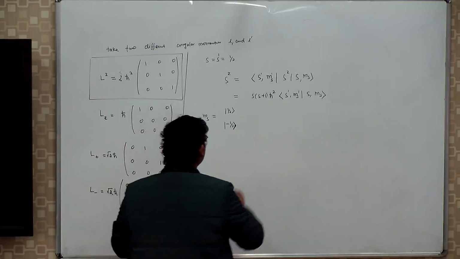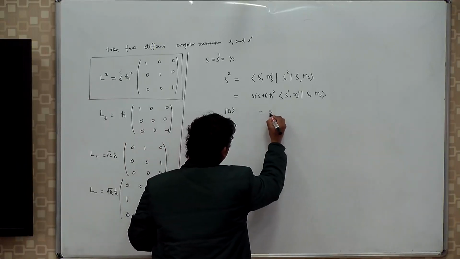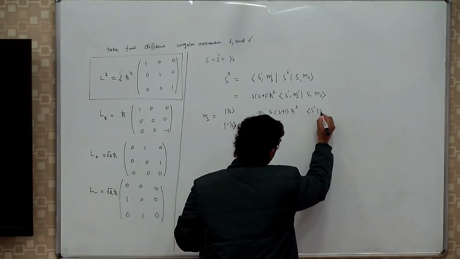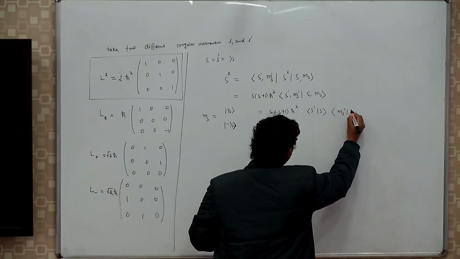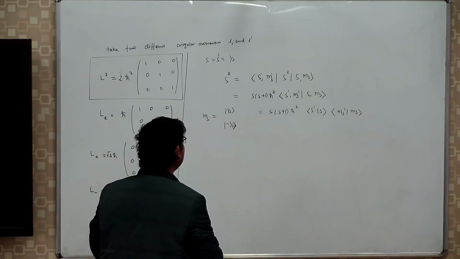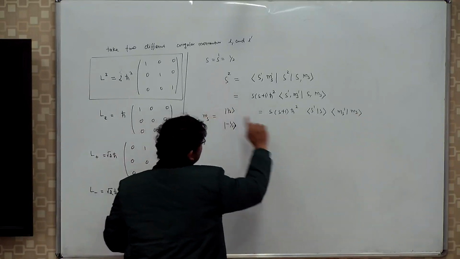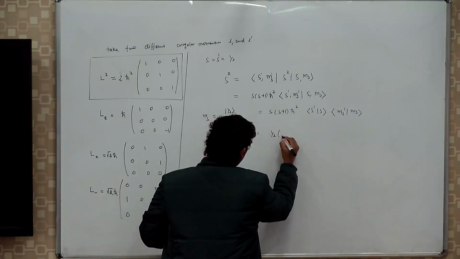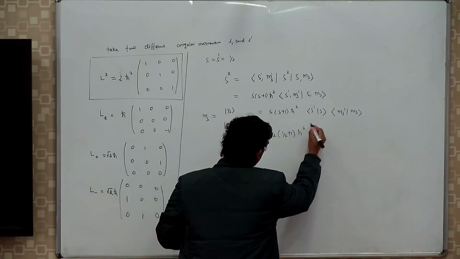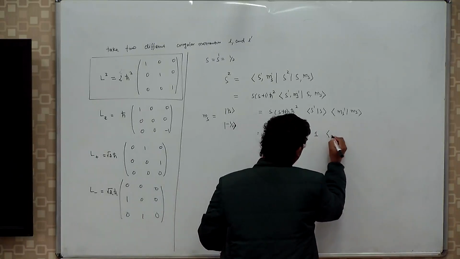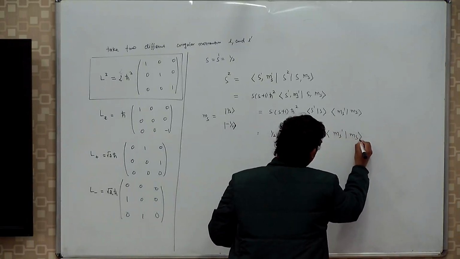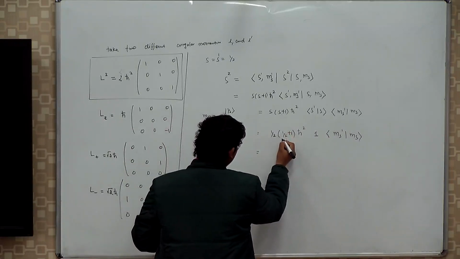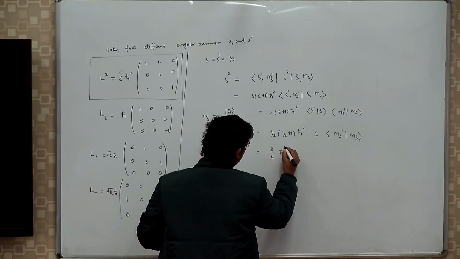In that case, this equation can be further written as S into S plus 1 h cross squared, times S dash S, m S dash m S. If you put the value of S and S dash as 1 by 2, then this will become 1 by 2 plus 1 h cross squared, times 1 and m S dash m S. So 3 by 2, then 3 by 4, we will get h cross squared.